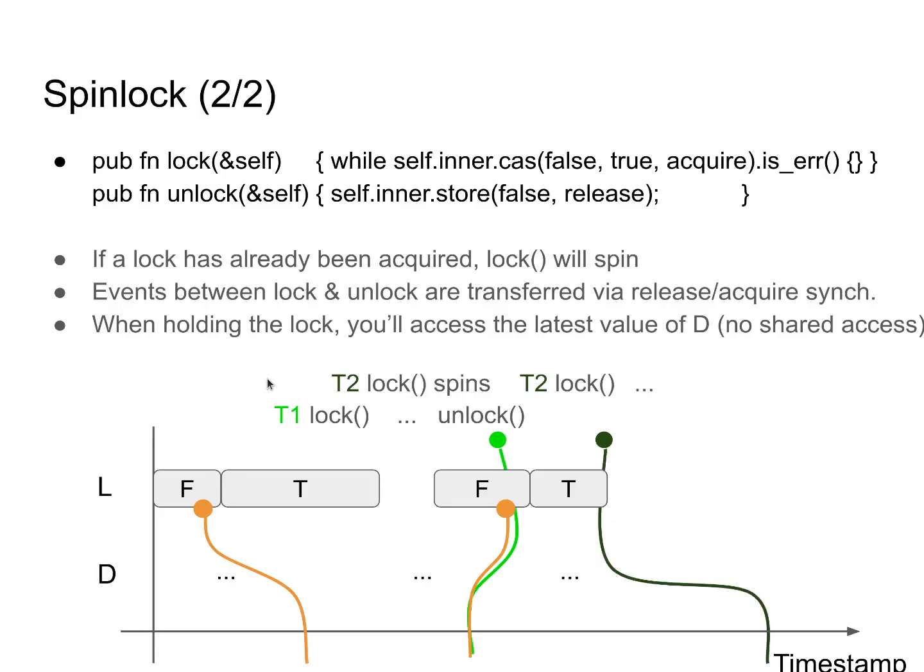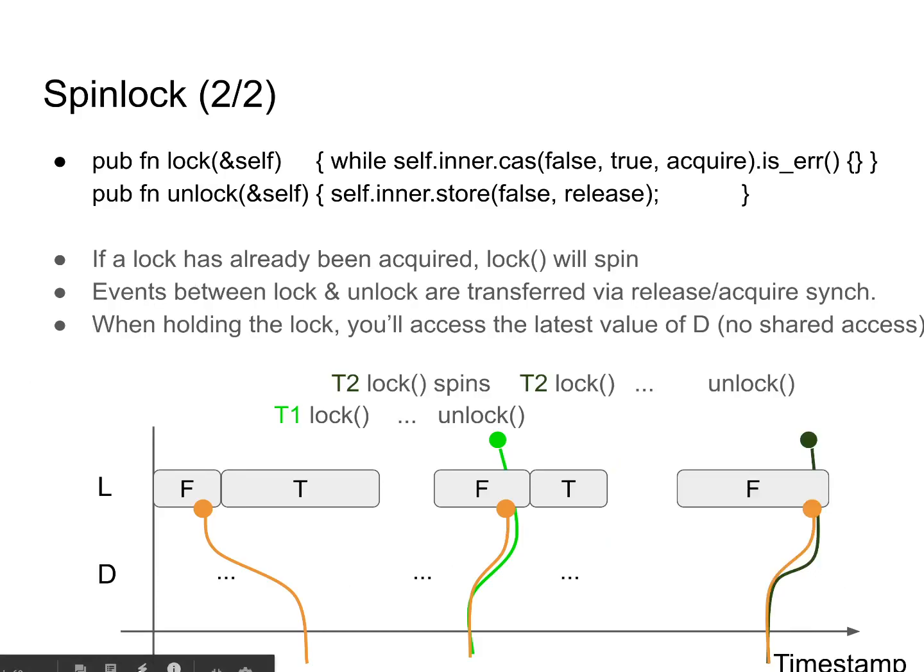Okay, and T2 can access the value D, and it may update the view, and later it can unlock its lock with the latest value of D here. So this message also contains the latest value of D here. It is an invariant.